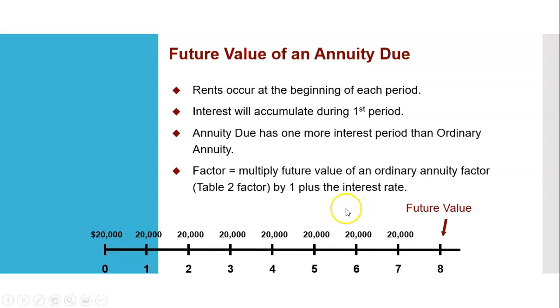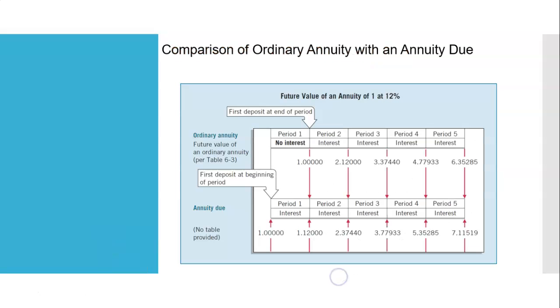You do not have a table in your book for the future value of an annuity due. We do have a table for the present value of an annuity due. This picture shows that an ordinary annuity starts at the end of the period, while an annuity due starts at the beginning, so you get this extra interest period.